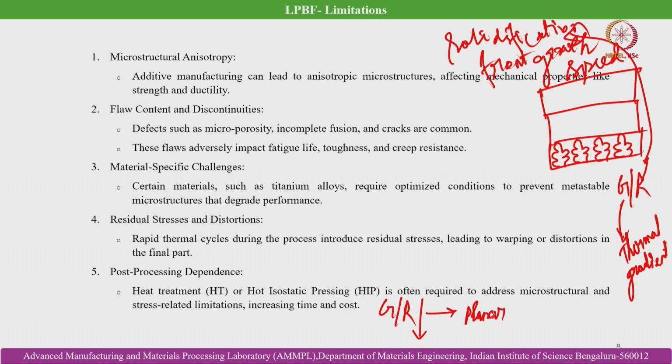At high G by R ratio it is planar, and as G by R ratio decreases the microstructure becomes cellular, and then with further decrease of G by R ratio it becomes cellular dendritic, and then further decrease causes columnar crystals, or columnar primary phase, and then further decrease causes columnar dendritic, and then it is equiaxed dendritic.